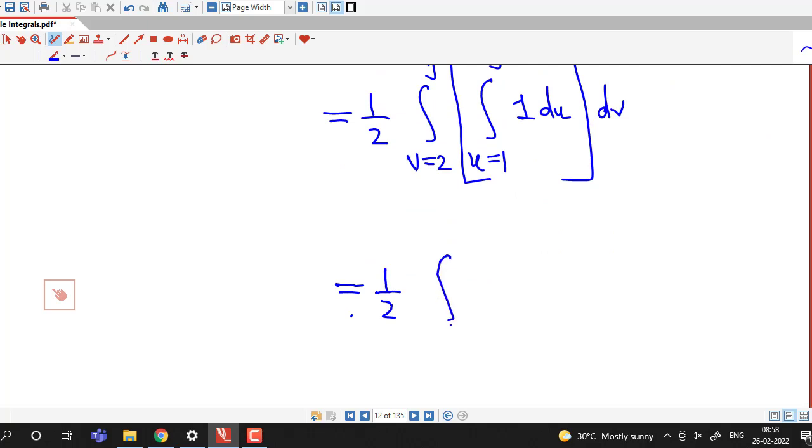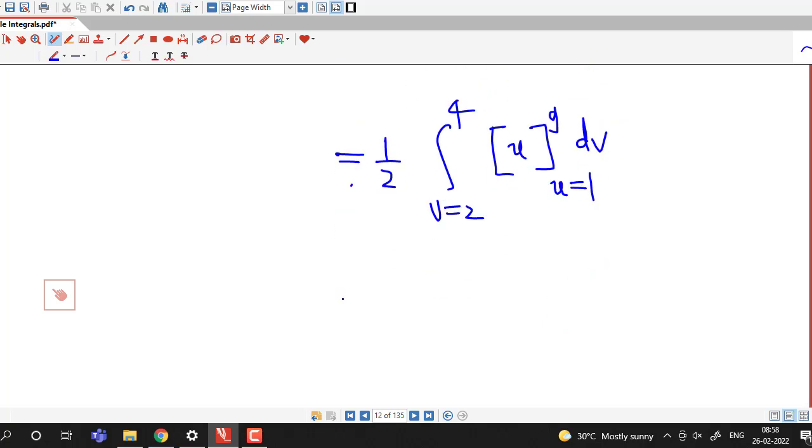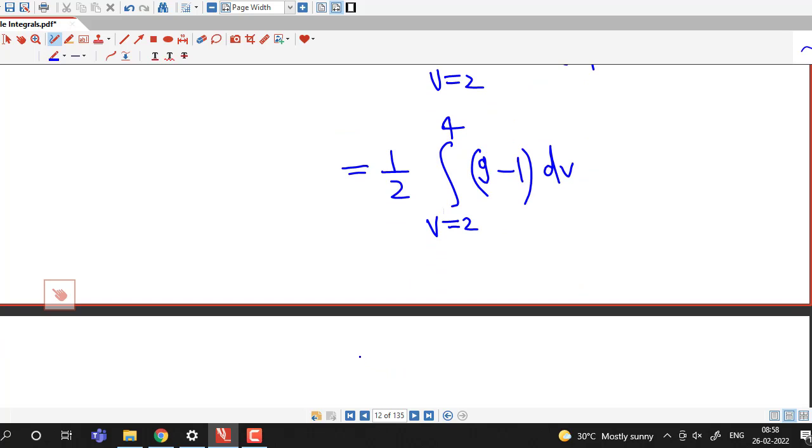So this is equal to the integral of 1 with respect to u, which is u, with limits of u from 1 to 9. Then we put the values of u, upper limit minus lower limit. So this is going to be, for v from 2 to 4, u equal to 9 minus u equal to 1, integral with respect to v. 9 minus 1, that is 8, we can take outside the integral, and inside the integral we have to integrate 1 with respect to v.